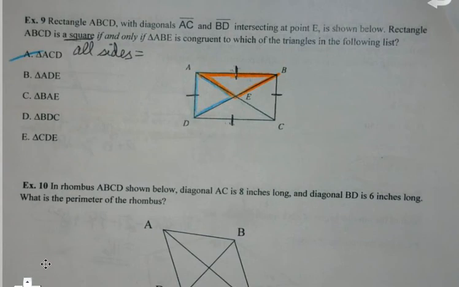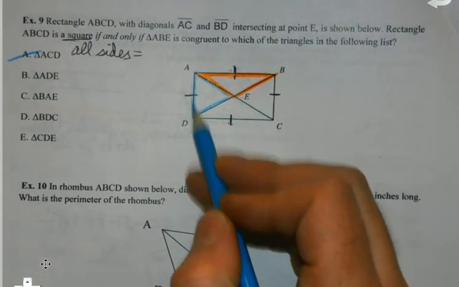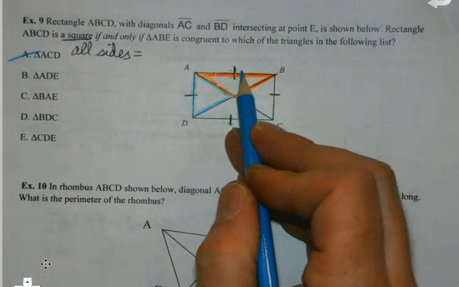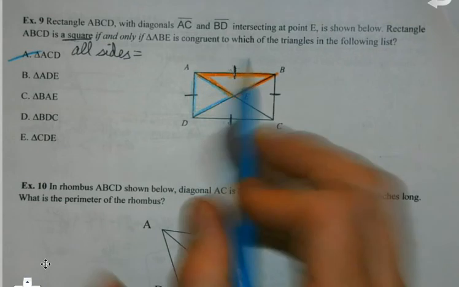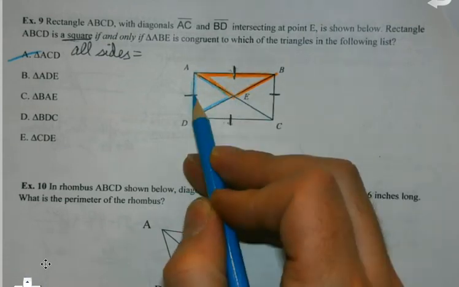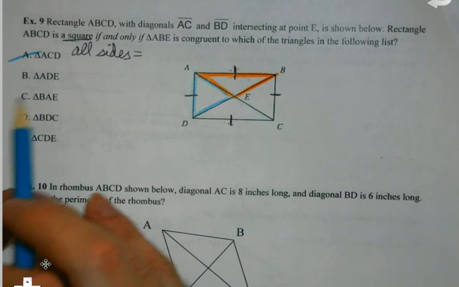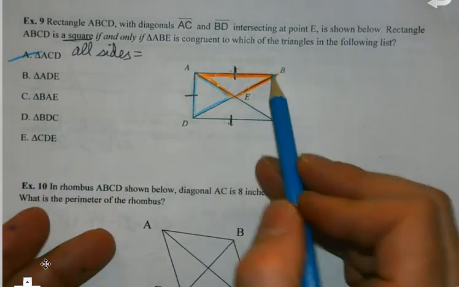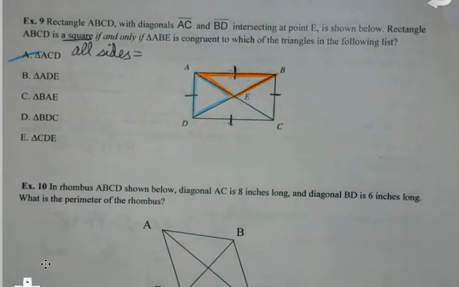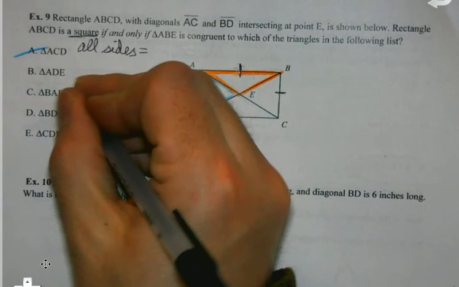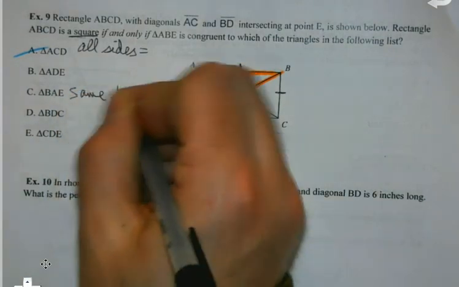True, but if they were, that would mean this side would have to equal that side. That's looking pretty good. Because if these sides are equal, then these sides also have to be equal, and then it's a square. But let's just check. BAE, well, that's the same triangle. That's kind of silly. So it's not that one.